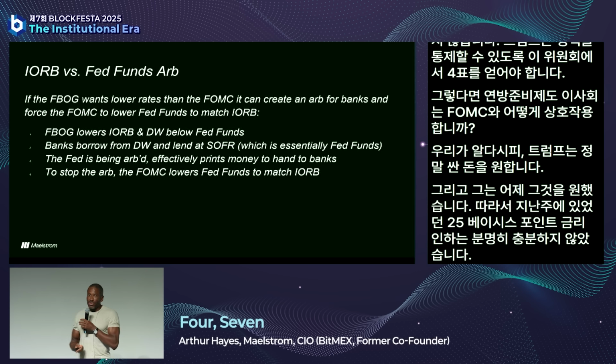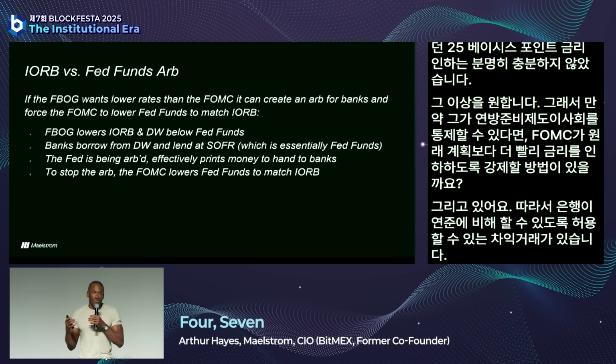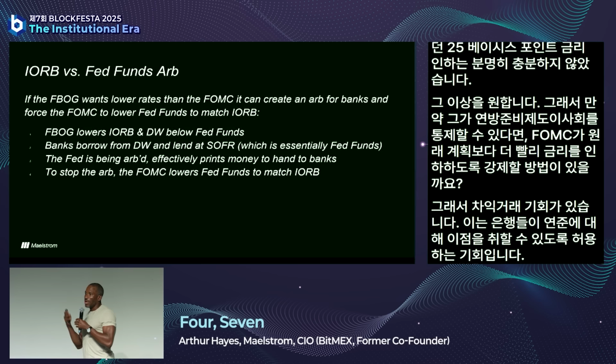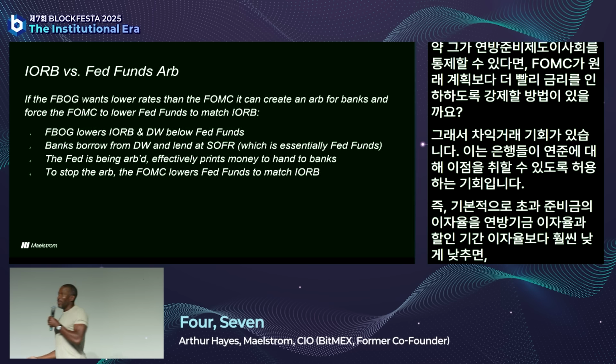And there is. So there's an arbitrage that they can allow the banks to do versus the Fed, which basically means if they lower their interest rates on excess reserves well below Fed funds and the discount window rate, this allows a large bank like JP Morgan to borrow money from the Federal Reserve, and then they take that and lend it out at Fed funds, essentially the secured overnight financing rate, SOFR.